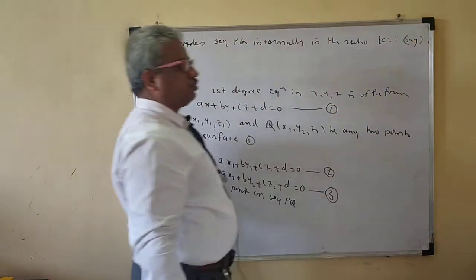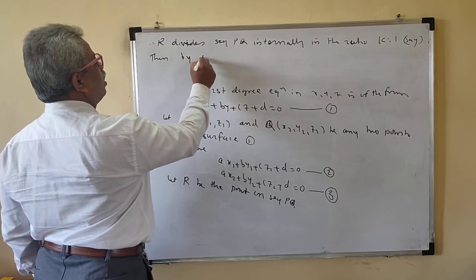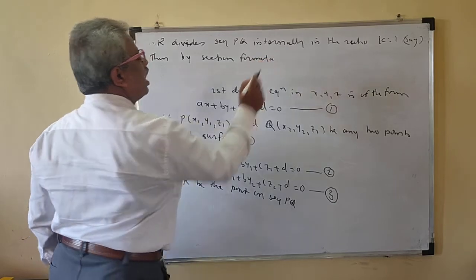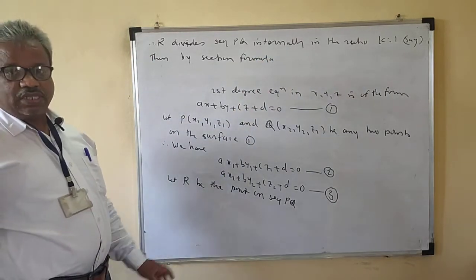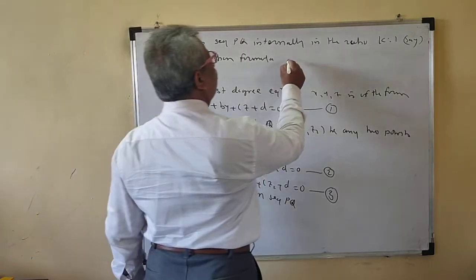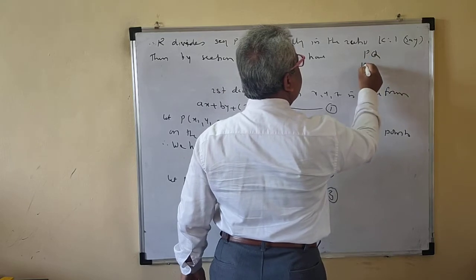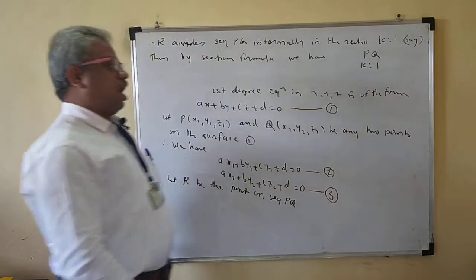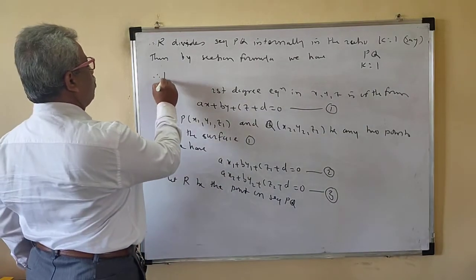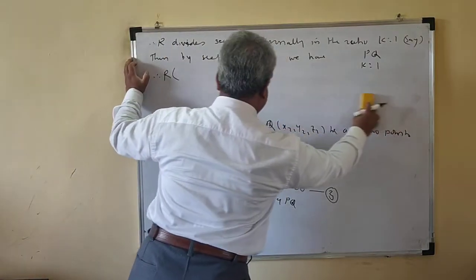Then by the section formula, which we have seen in the last video lecture, R divides the segment PQ internally in the ratio k is to 1, therefore we get the coordinates of R.